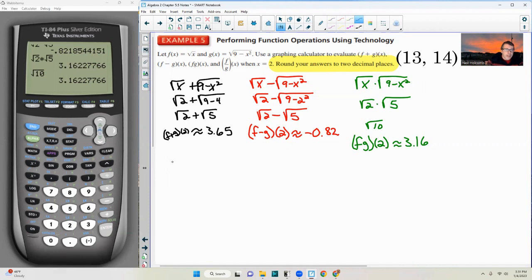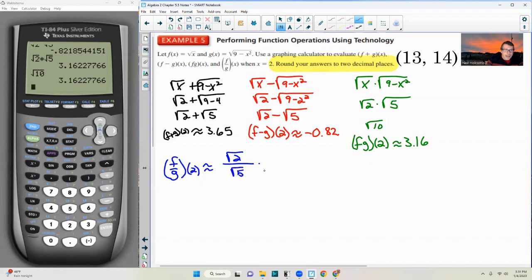f divided by g of x is going to be, actually, no, I don't want to write that. f over g of 2 is going to be f of 2, which is the square root of 2 divided by the square root of 5.